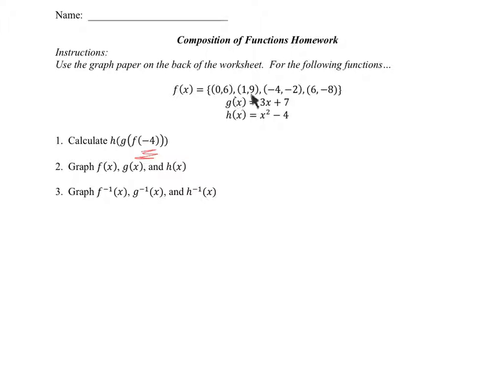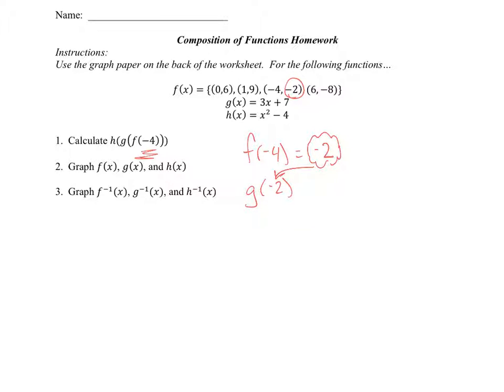Just because it's points doesn't mean it's not a function, but we're not going to connect these dots because all we have are the points. When we plug negative 4 into our f of x function, our output is negative 2. So we're going to take that negative 2 and drop it into our g of x function.